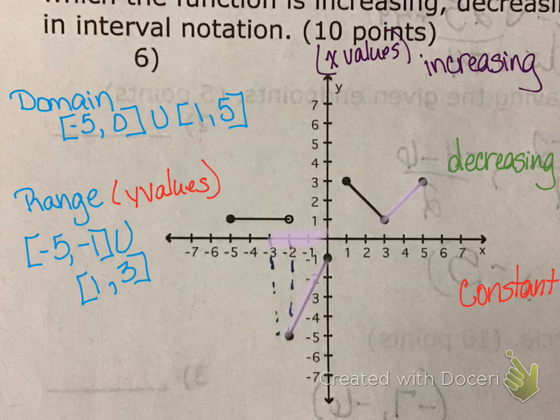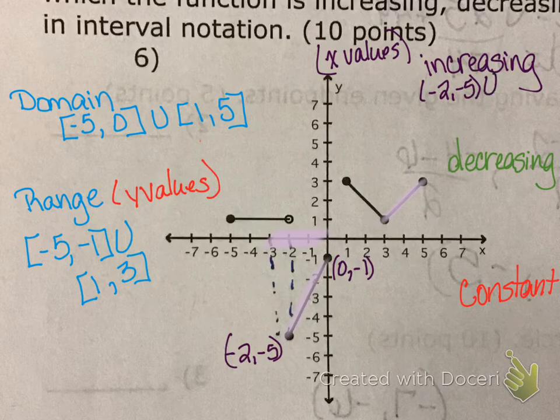If you write the points down, so this is -2, -5, and this point is 0, -1, you are less likely to make a mistake because you're able to identify those x values. So for increasing, I have -2 to... And then I also have this area right here.